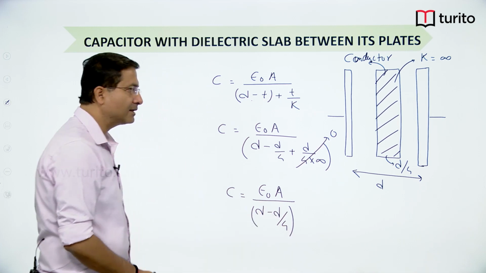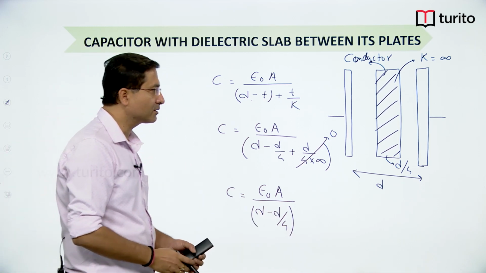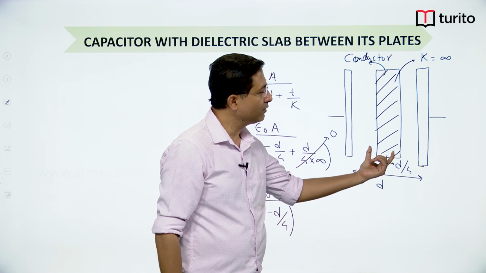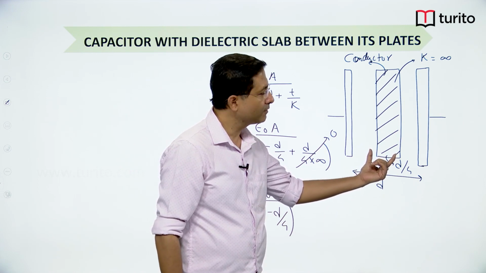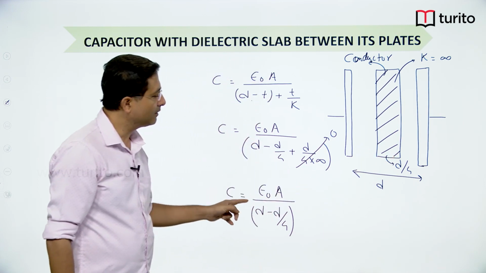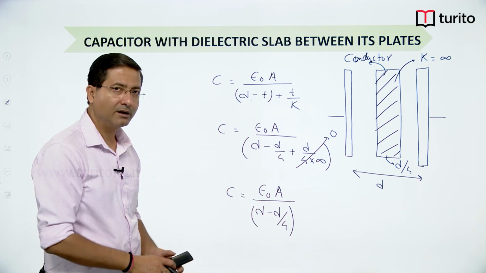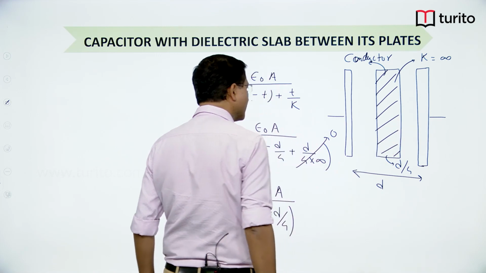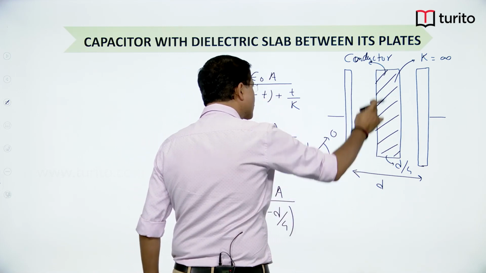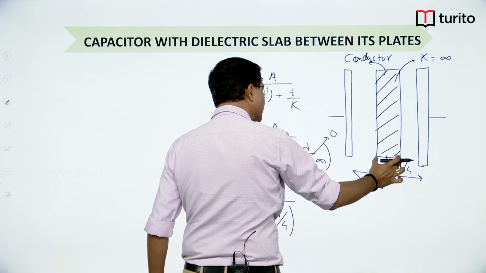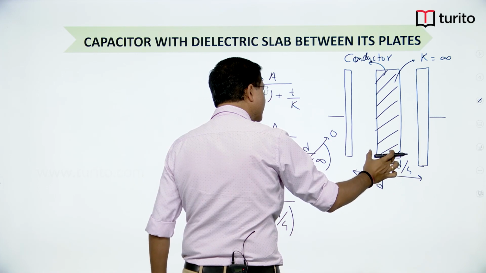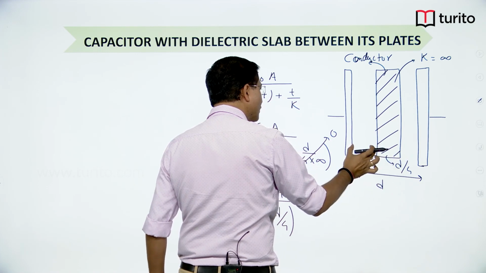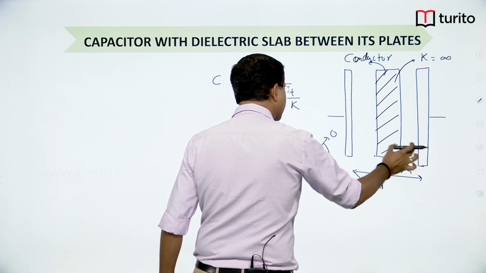Look at the formula, it says that this much space will not be part of the capacitance. If you see this formula, d minus d by 4 is this space only which is left over. So, our conductor was occupying this space of thickness d by 4, that is of no use, only this and this will behave as capacitor.